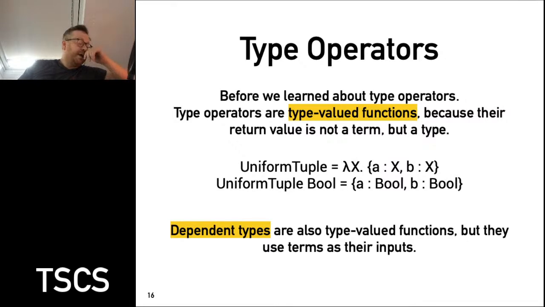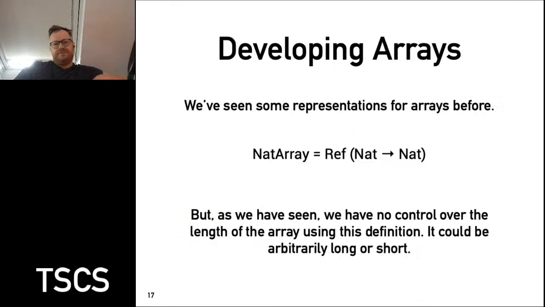This is why in our application rule, only the input type needs to be a proper type. Dependent types take not types as the parameters, but terms, and result in types again.